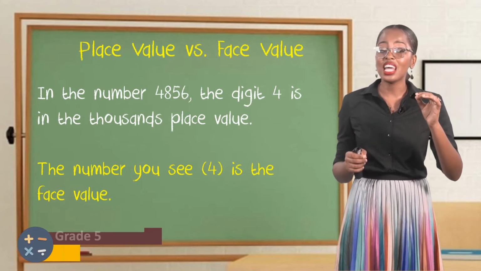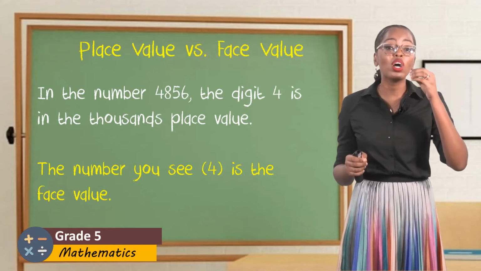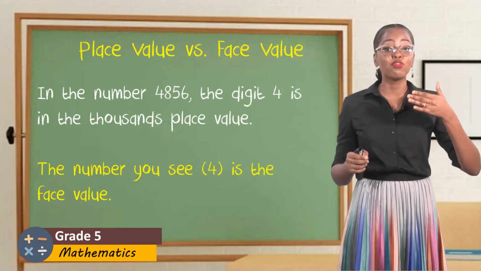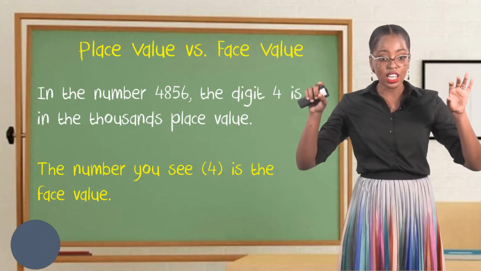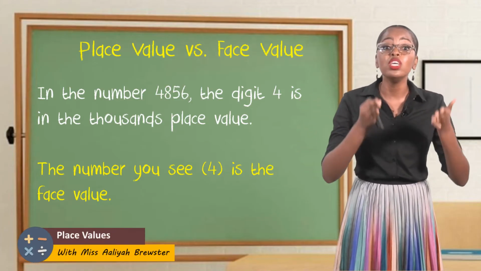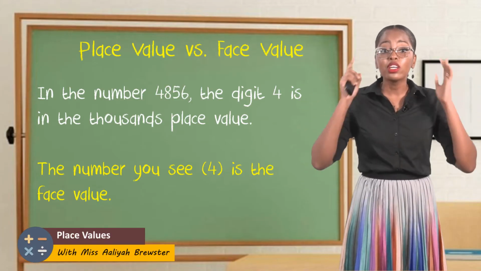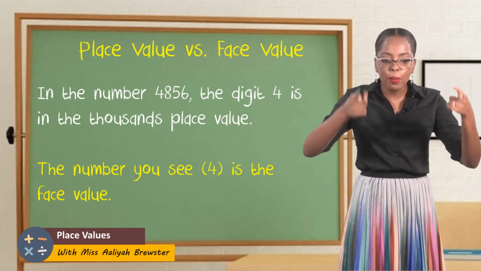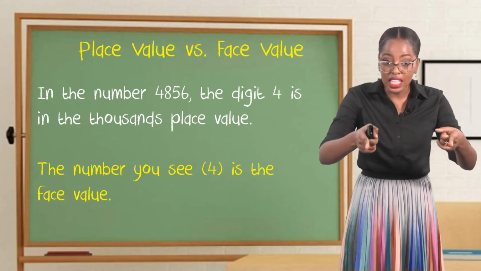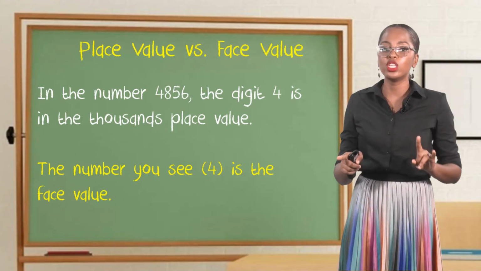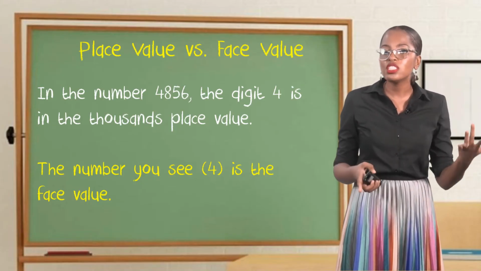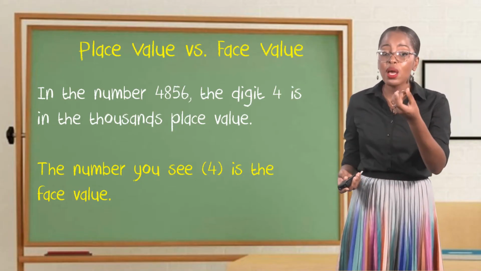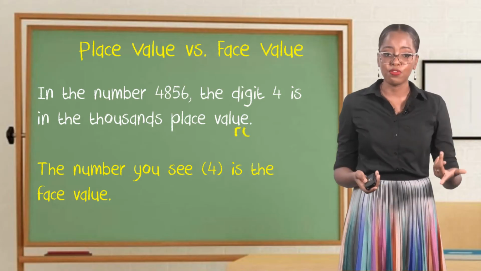However, if we were asked to identify what is the face value for the number 4 in that entire number, the face value would be 4 itself, because 4 is the number that is in that place. Therefore, it's the face of the 1,000 value. So the face value is actually the same as the number itself.